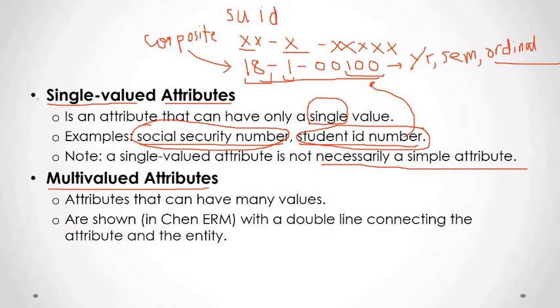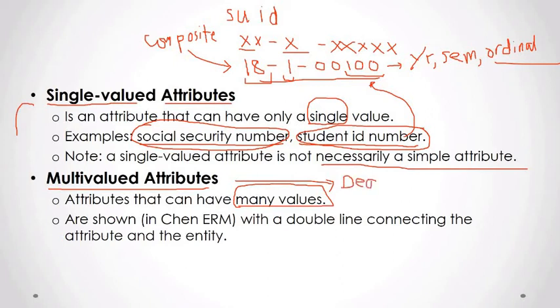Now the opposite of single valued attribute is multi-valued attribute. So it is an attribute that can have many values. So one example of a multi-valued attribute is degree.